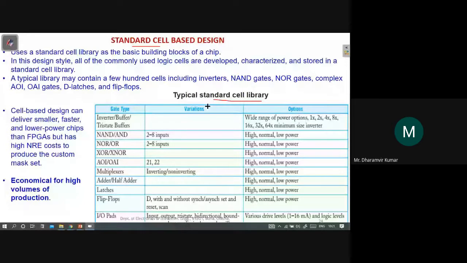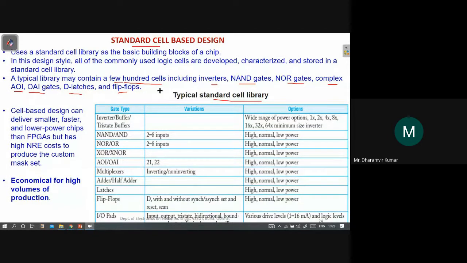A typical library may contain a few hundred cells that will include inverters, NAND gates, NOR gates, some complex AOI, that is AND-OR-invert, OAI, that is OR-AND-invert gates, then flip-flops, multiplexers, adders, and these kinds of circuits, which will form the basic building blocks of the bigger circuit.